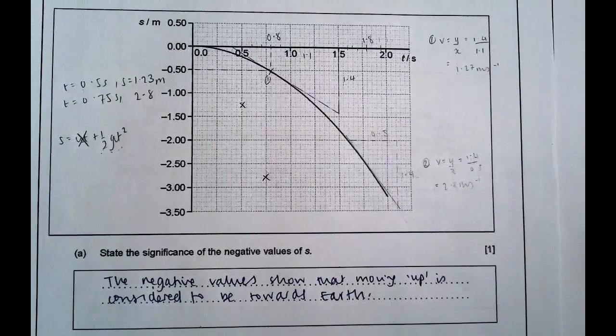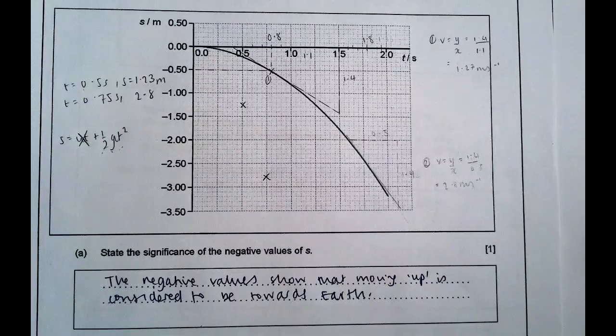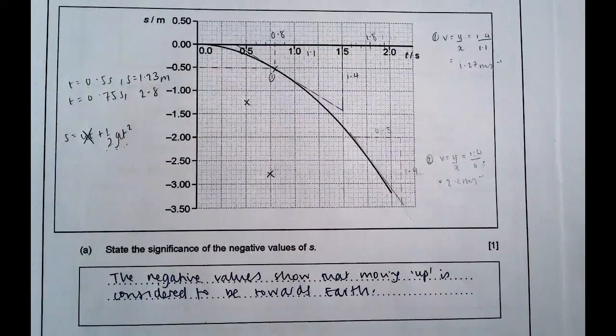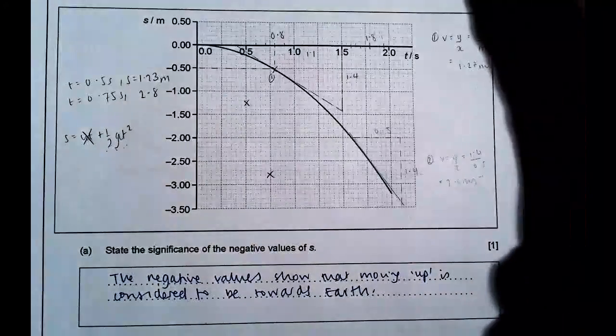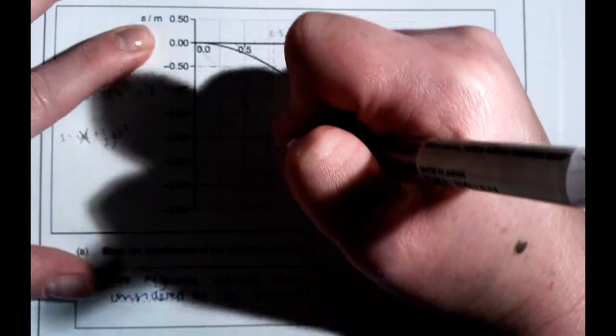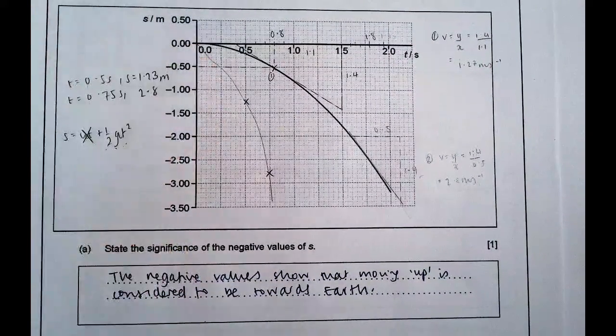So you can see the general shape, and it's going to make a lot of sense because the acceleration due to gravity on Earth is greater, so it accelerates at a greater rate, so the velocity increases in a shorter amount of time, which is the gradient getting steeper in a shorter amount of time. And you know it starts from rest, so it starts from 0, 0, and then all you're going to do is hopefully sketch a curve that looks a little bit like this. Sorry, it's a little bit wobbly there, but you get the general idea. And that's the kind of shape that they're looking for.